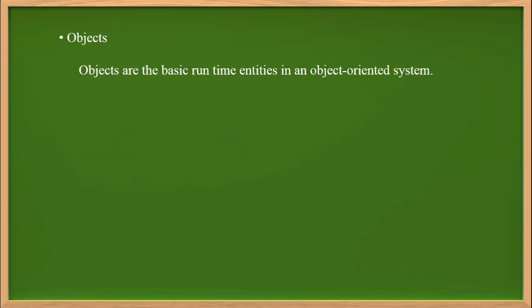The first concept we will see is objects. Objects are the basic runtime entities in an object-oriented system. They may represent a person, a place, a bank account, a table of data, or any item that the program has to handle.